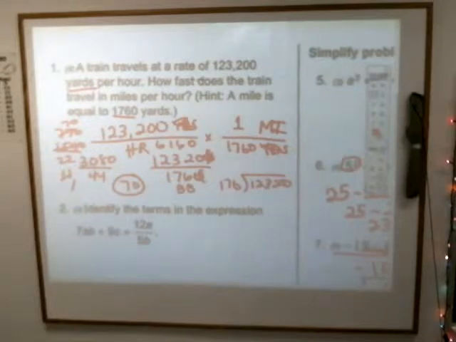Yes! 1,760 by 75, and I got 123... wait, 3. Why did you multiply? You did 1,760 by 75, and I got 124,200. But you did it wrong. Yeah, it was 70. And the answer is 70.